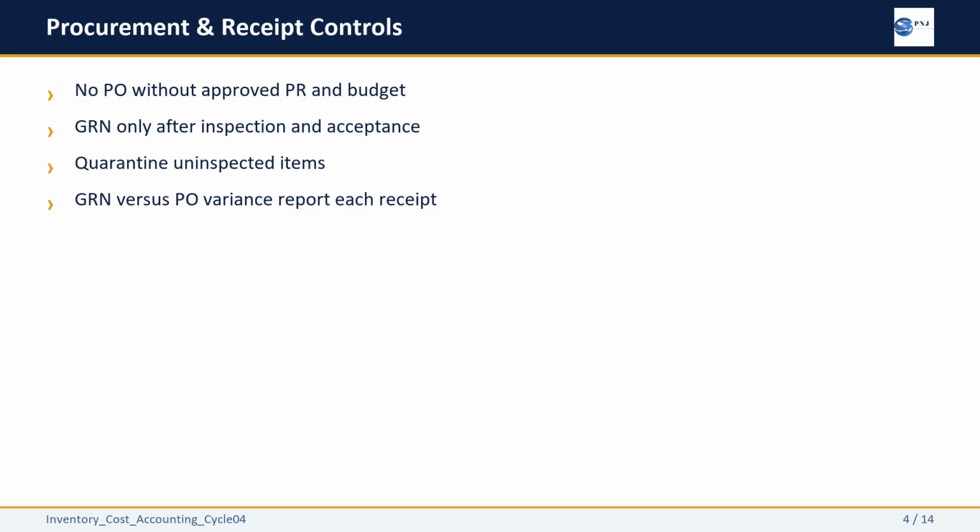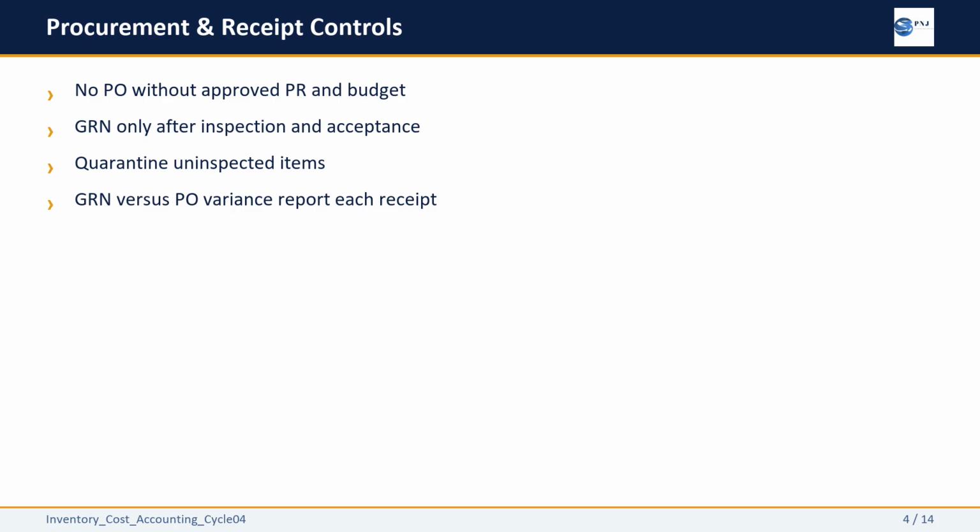Start at the front door where goods enter. The risk here is unauthorized purchases, buying outside budget with no requisition, which causes budget overruns, unrecorded liabilities, and incorrect inventory cost. The preventive answer is simple but powerful. No purchase order is raised without an approved purchase requisition and confirmed budget, and no goods receipt note is created until the items pass inspection and acceptance, with anything uninspected held in quarantine.